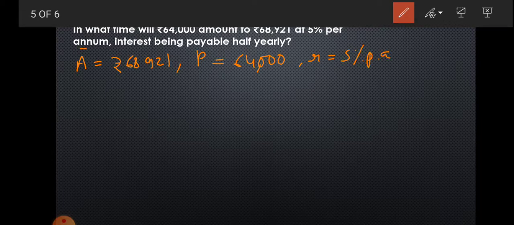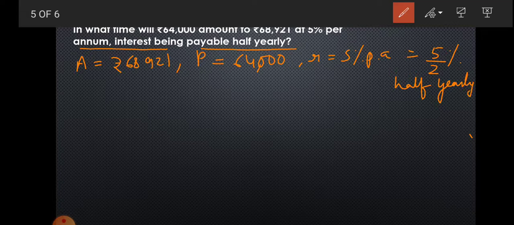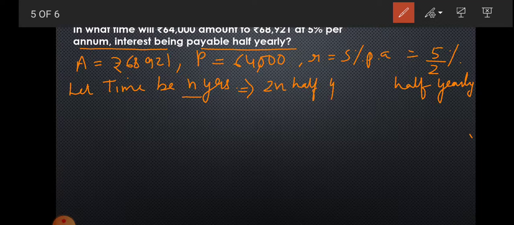As compound interest is payable half yearly, we divide rate by 2. So rate is 5 by 2% half yearly. Let time be n years. We need to find time. As compound interest is payable half yearly, we multiply time by 2. So time is 2n half-years.